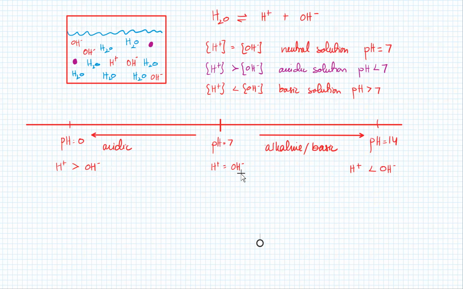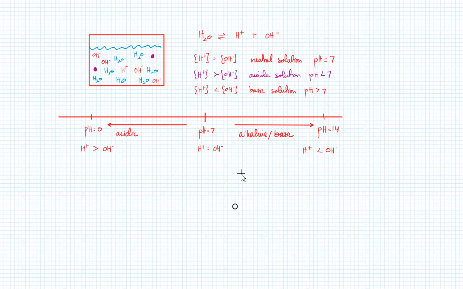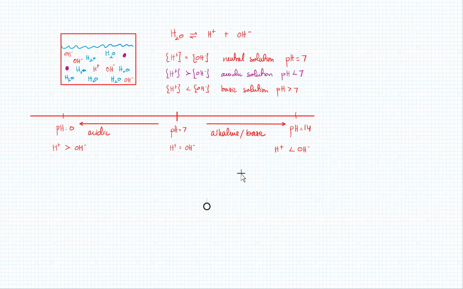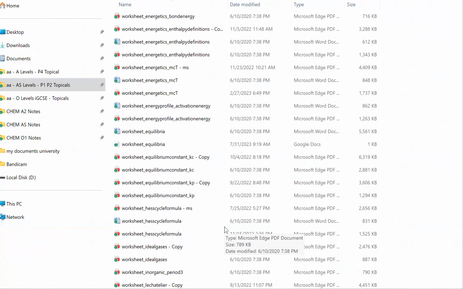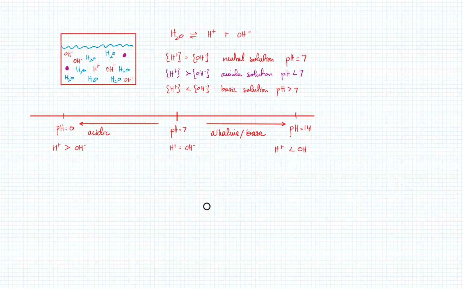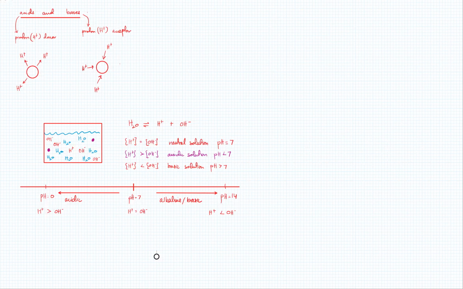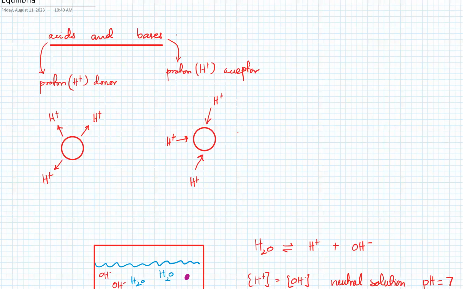So acid is a proton donor, base is a proton acceptor. So remember that. We're going to do some questions now, okay? This definition of an acid and a base is known as the Brønsted-Lowry acid-base definition.